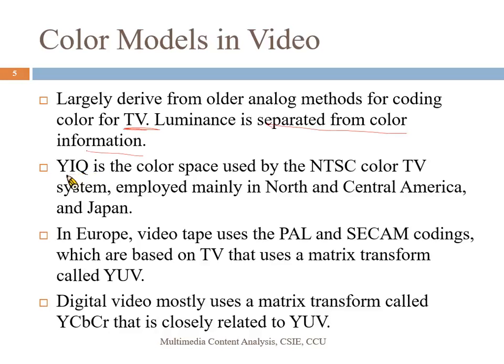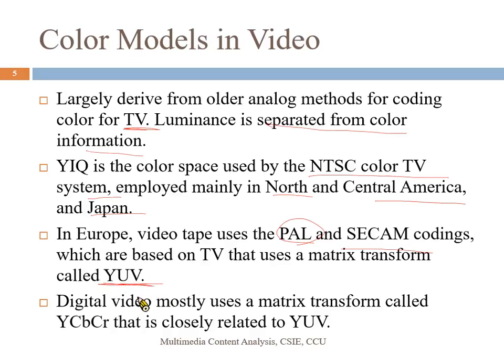YIQ is the color space used by the NTSC color TV system, which is mainly employed in North and Central America and Japan, as well as Taiwan. In Europe, video tape uses PAL and SECAM coding, which are based on TV that uses a matrix transformation called YUV.